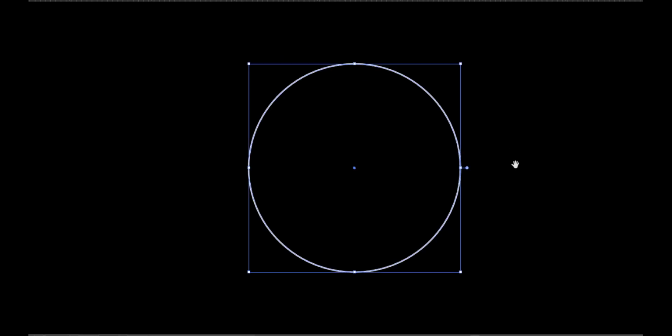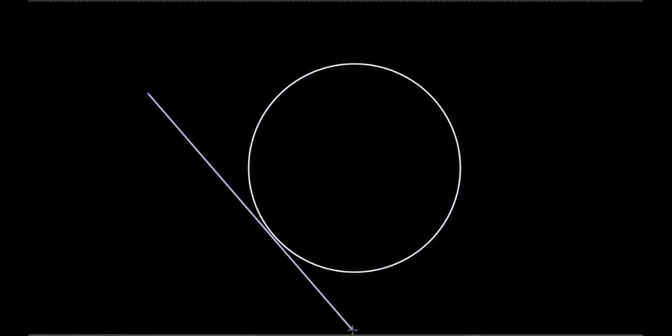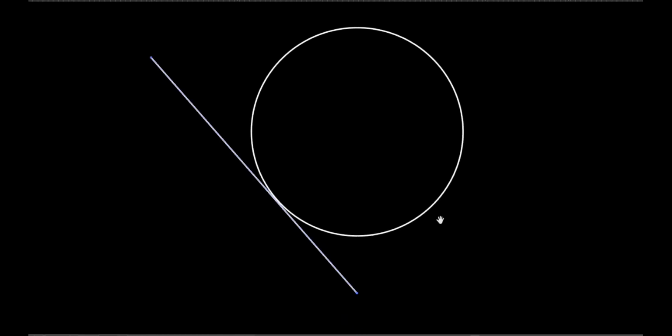All right, so I'm going to draw a couple of tangents. I'm going to draw one about like that. Let's move that up a little bit. Then I'm going to draw another one from here, and I'm going to move it so it's tangent right there. It's not bad. Okay, and let's find where the center is.